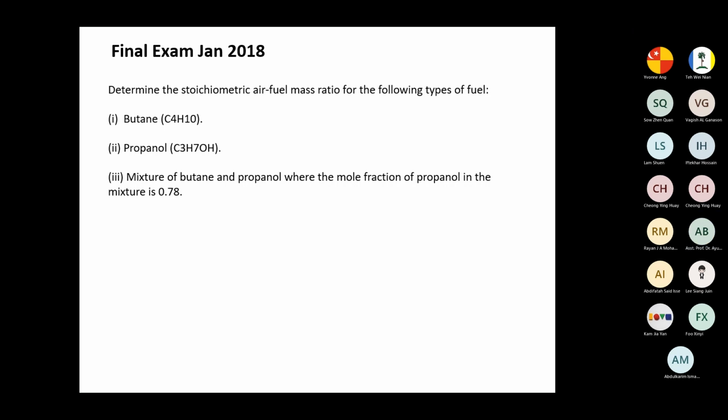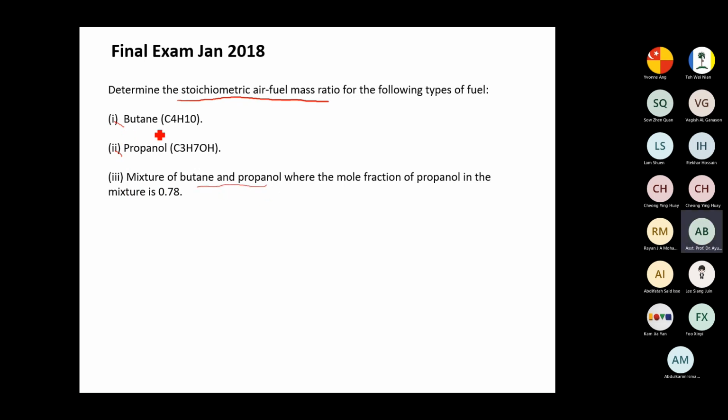Now, this question requires you to determine the stoic air fuel mass ratio. For these types of fuel, you have butane, you have propanol, and you have a mixture of butane and propanol.